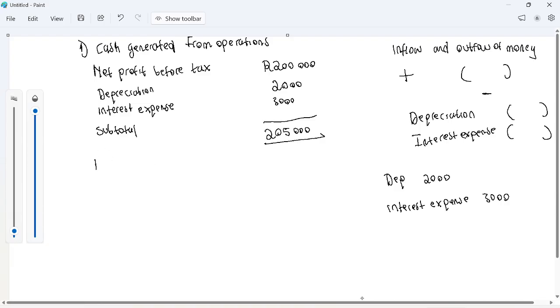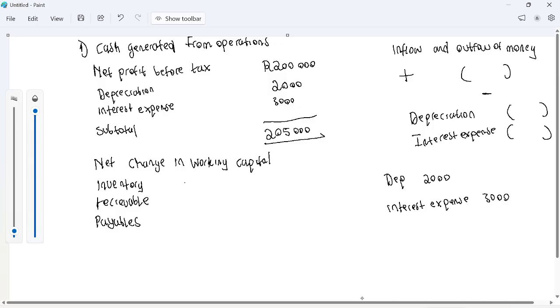Now we have our change in working capital. So we say the net change in working capital. We have three working capital items: our inventory, our receivables and payables.